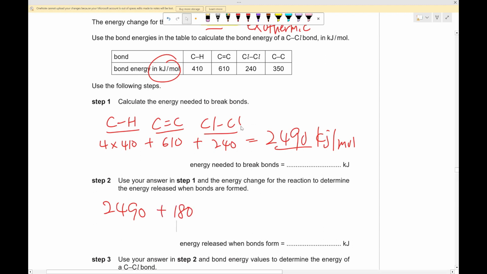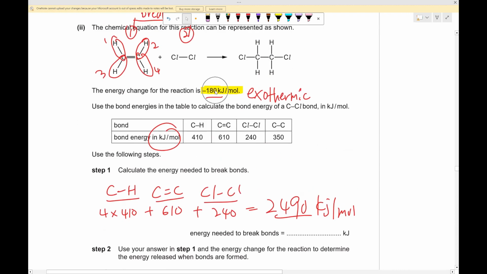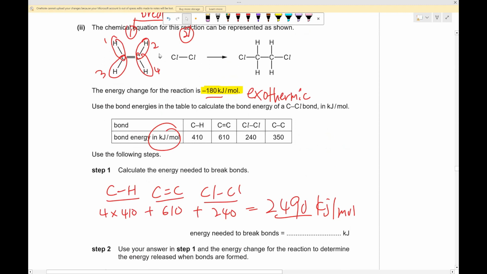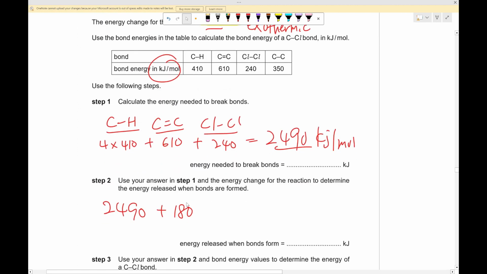The 180 originally is actually on the left hand side, correct? From the question they give you negative 180. The negative 180, before the reaction takes place, the 180 belongs to the reactants. The 180 kilojoule belongs to the reactants, so that's why we need to add back the 180.